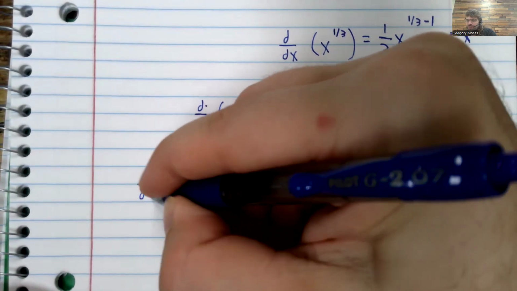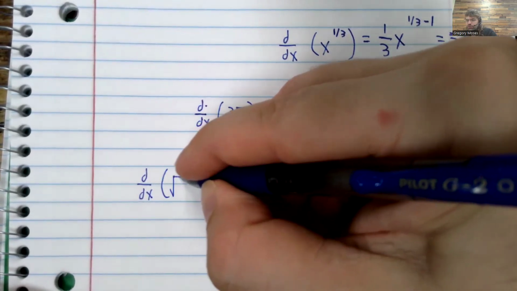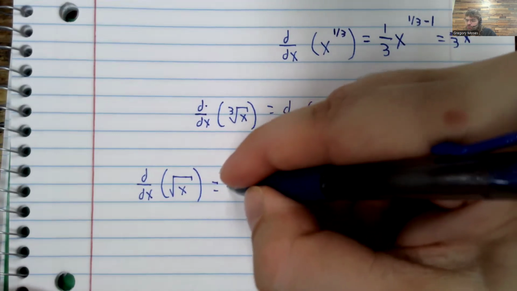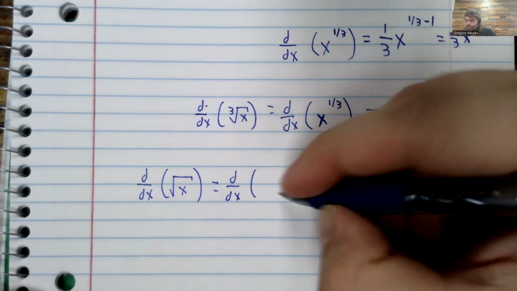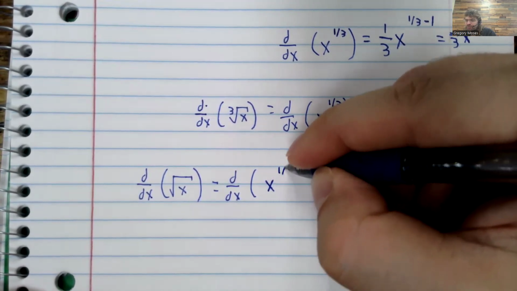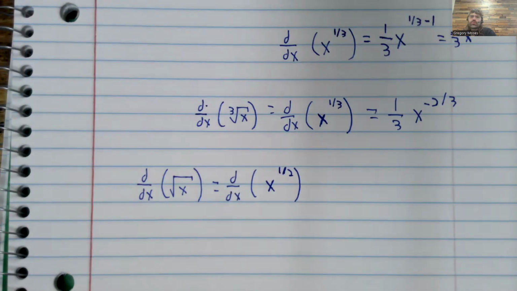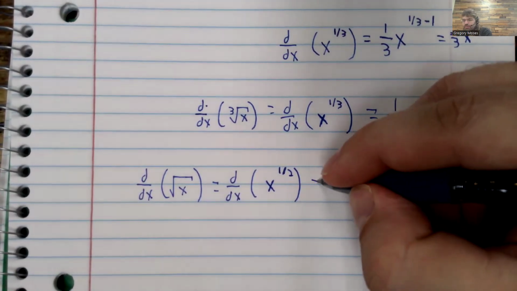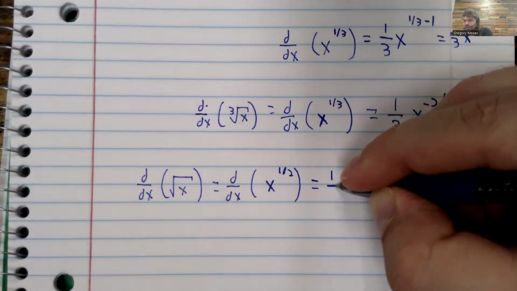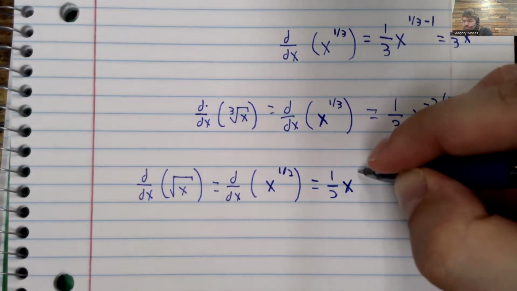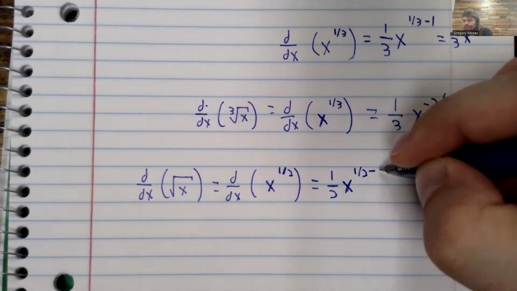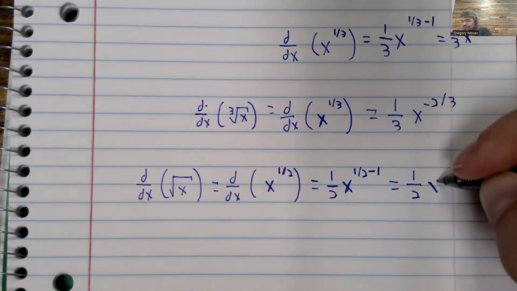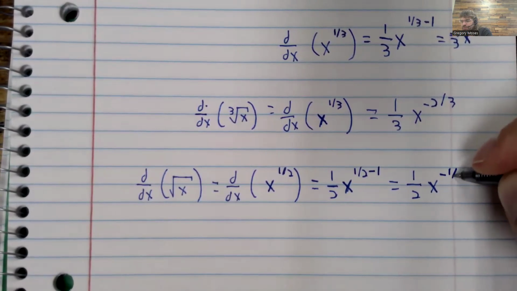The derivative of the square root. Well, the square root is the 1/2 power. And once we've made that connection, this is a completely straightforward application of the power rule. The 1/2 comes down. We subtract 1 in the exponent. 1/2 x to the negative 1/2.